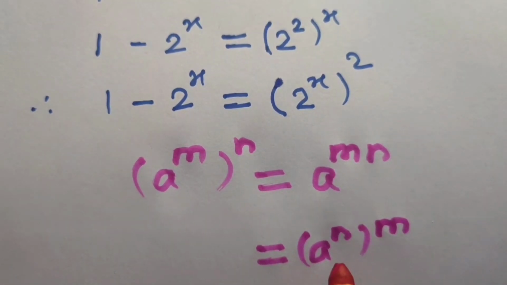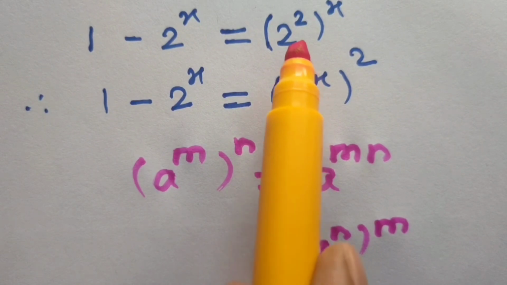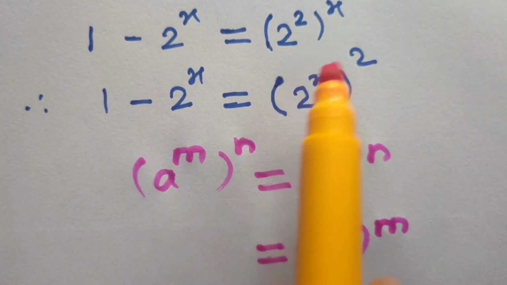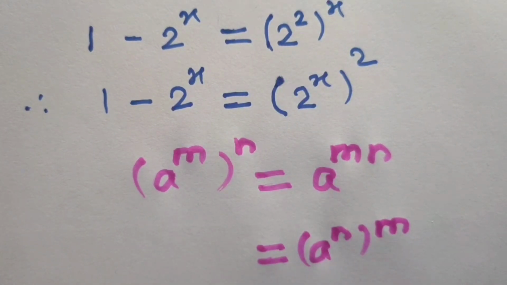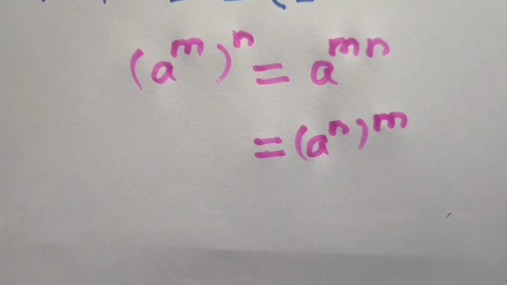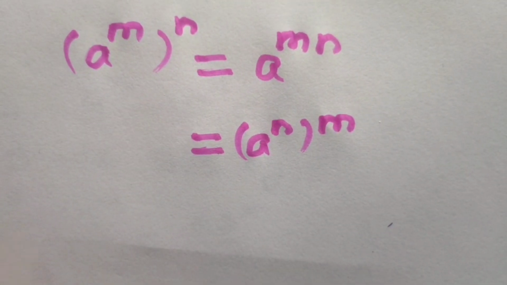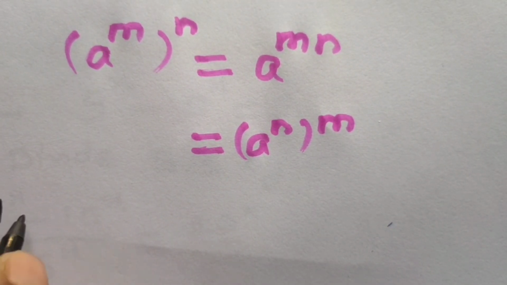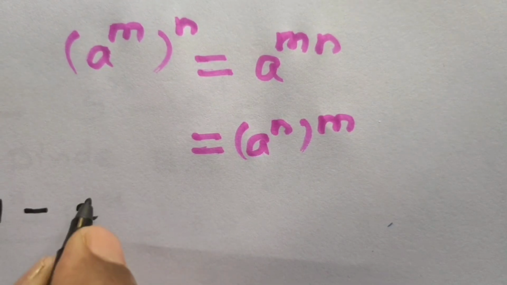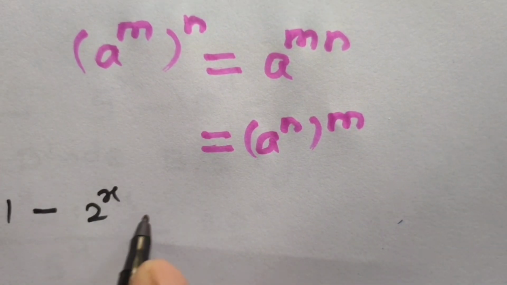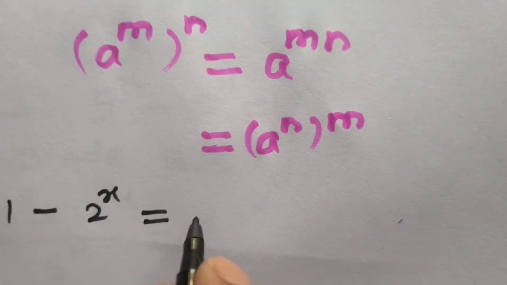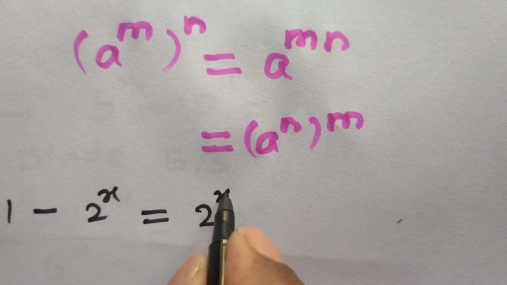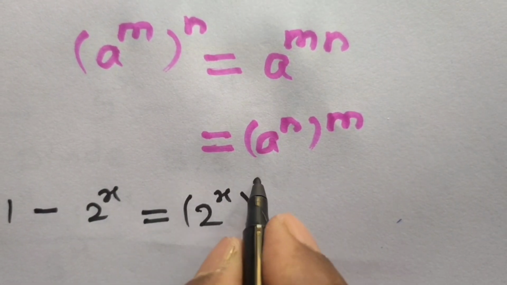So applying this property here, we can write this number like this, interchange of powers. Hence the given equation becomes 1 minus 2 to the power x is equal to 2 to the power x, its square.